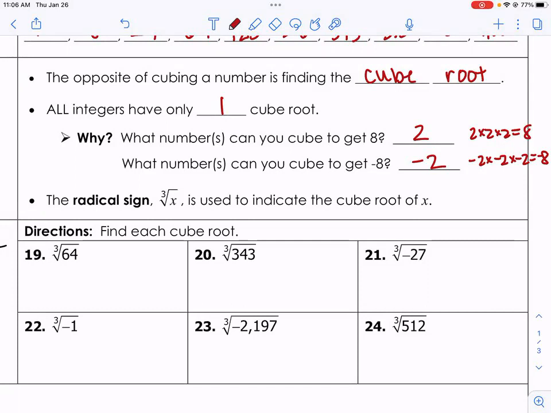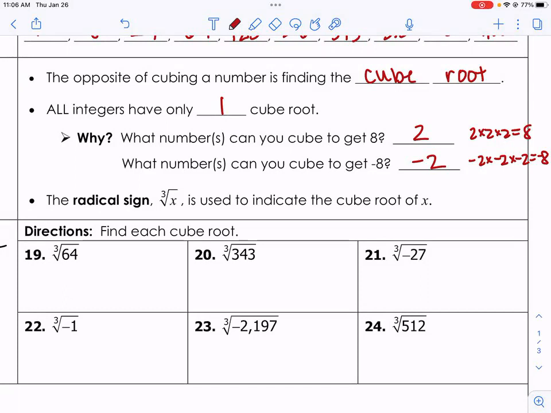So it's okay to have a negative number right here. That's not what you said before. Yesterday, we didn't have negatives underneath. We had negatives on the outside, but not the inside. What's the difference? Because one's a square root and one's a cube root.